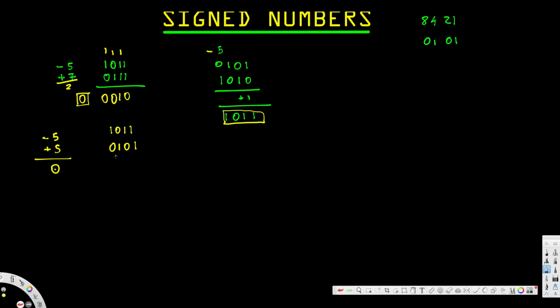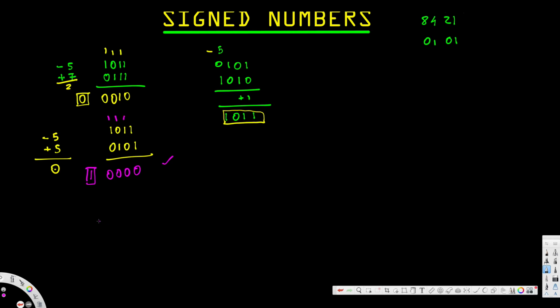Let's see what happens. Here we have 0 and we have a carry, 1 1 0, we have a carry, and 1 1 0, we have a carry, and an extra carry. Since we are dealing with 4 bits, we neglect this one, so this is going to be 0 0 0 0. So that's matching the answer, right? So this is correct.